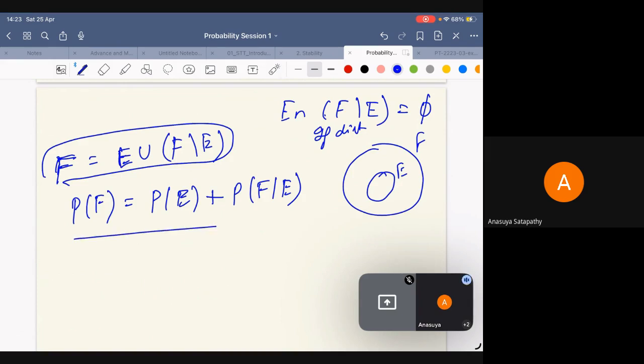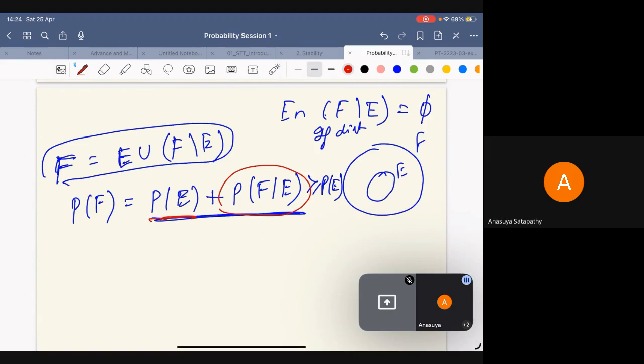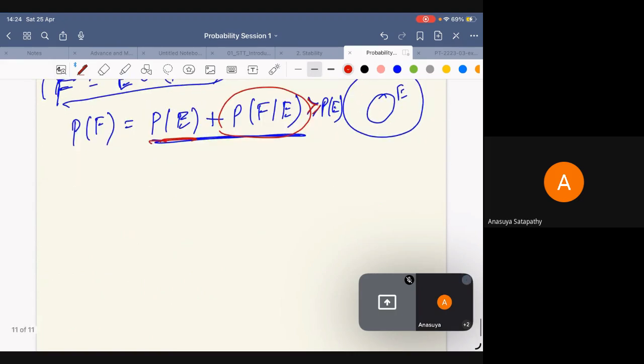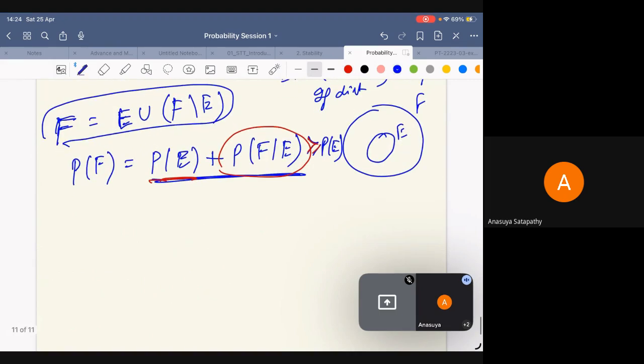So this probability will obviously be greater than the probability of E, right or wrong? Because there is some extra probability added to the probability of E. So obviously this part will be greater than the probability of E. So from this you can say that the probability of E is less than the probability of F. Did you get the point?